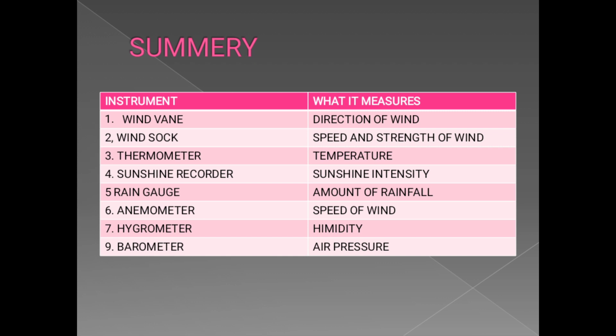The windsock is used in measuring speed and strength of the wind. The thermometer is used in measuring temperature. The sunshine recorder is used in measuring sunshine intensity. The rain gauge is used in measuring the amount of rainfall. The anemometer is used to measure the speed of the wind, the hygrometer is used to measure the humidity, and the barometer is used to measure air pressure.